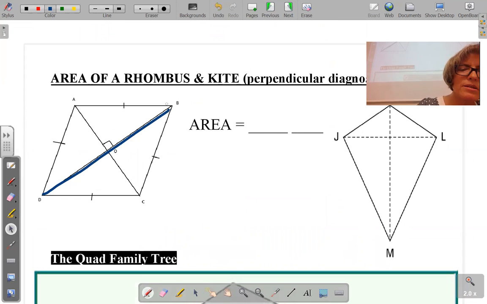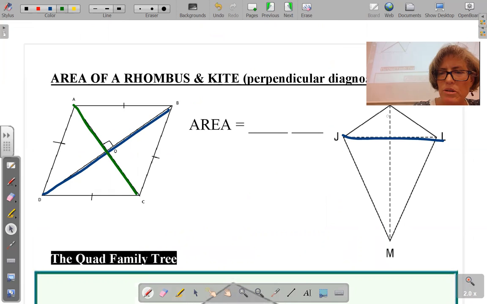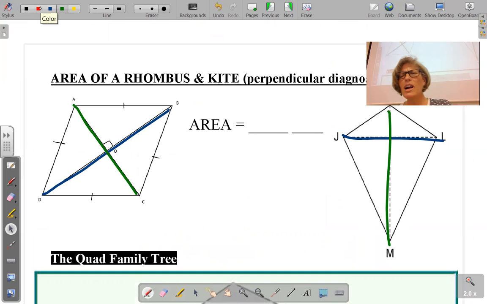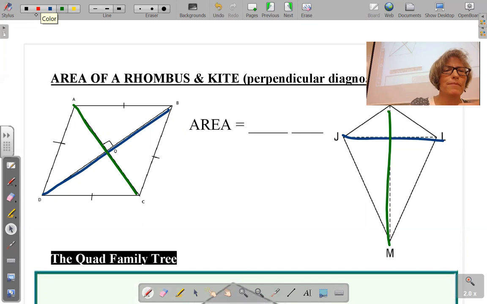Go ahead and trace the diagonals. This is for a kite and a rhombus. What kind of angle's in the middle? Right.